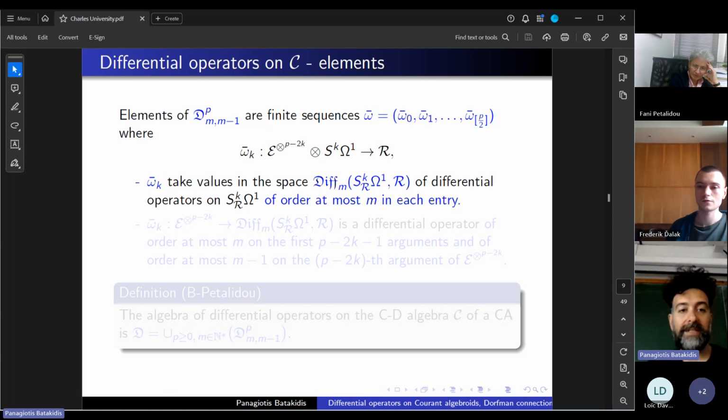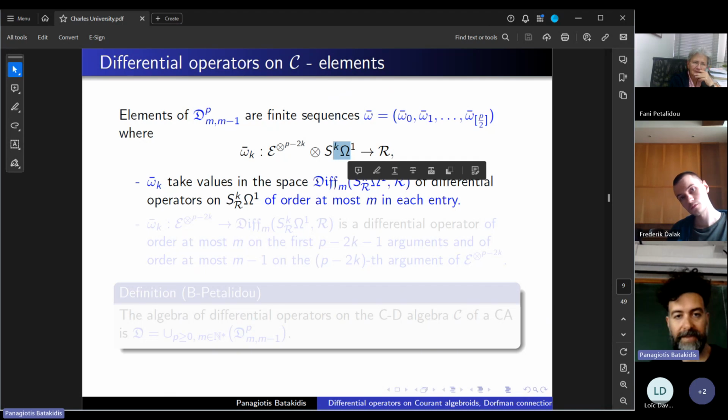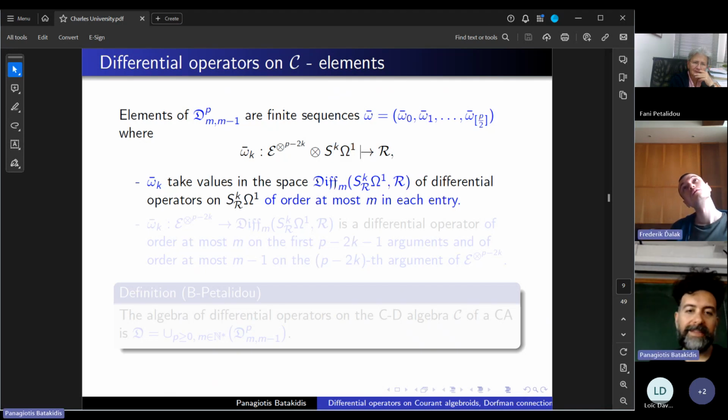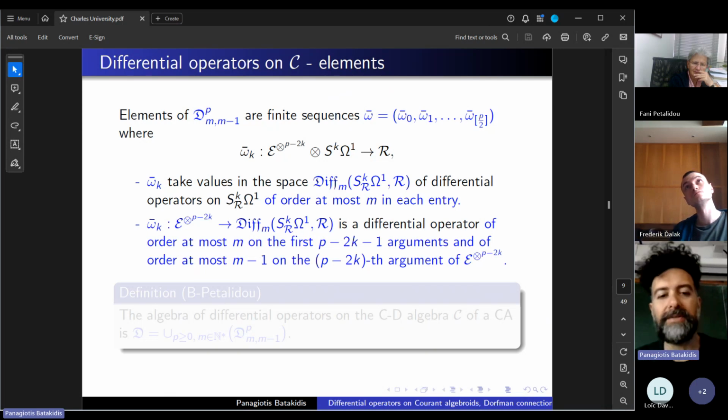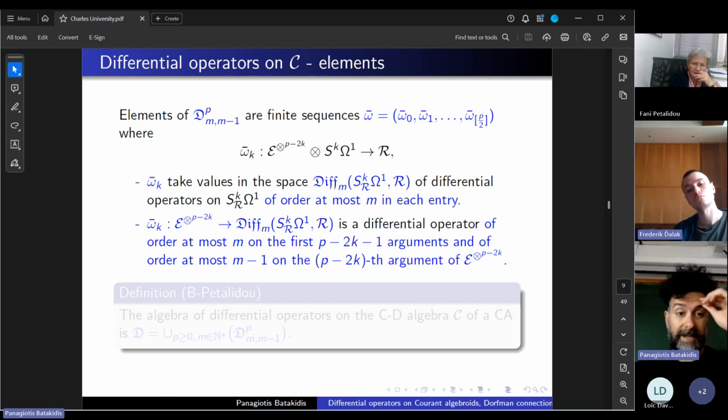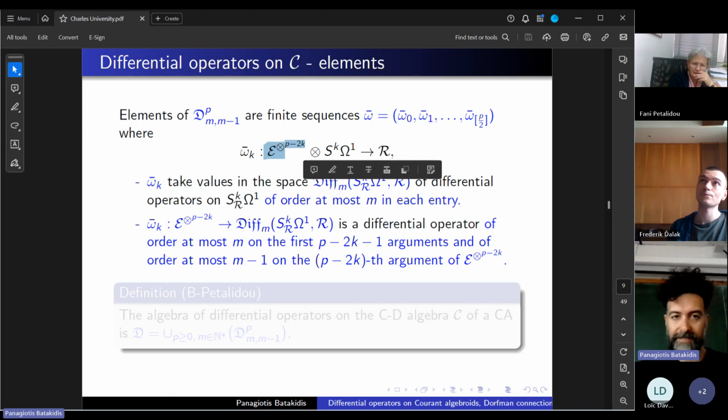If it is in this space with lower indices m and m minus 1, it has to be a differential operator of order m on these variables, and a slightly different differential operator of order up to m in the first p minus 2k minus 1 arguments, and order m minus 1 in the last argument of this part of omega.